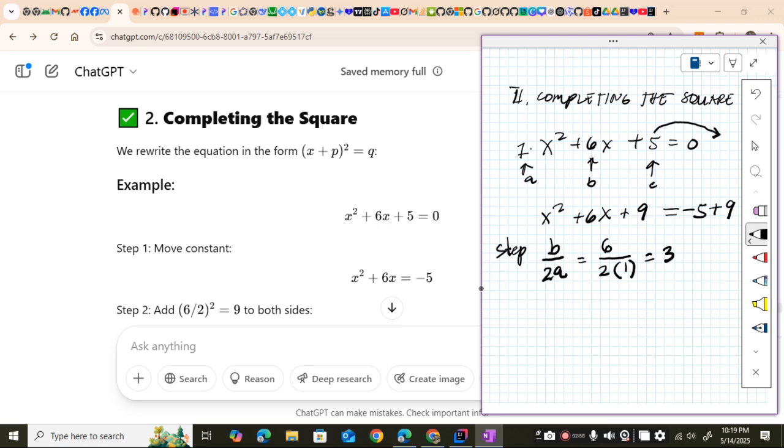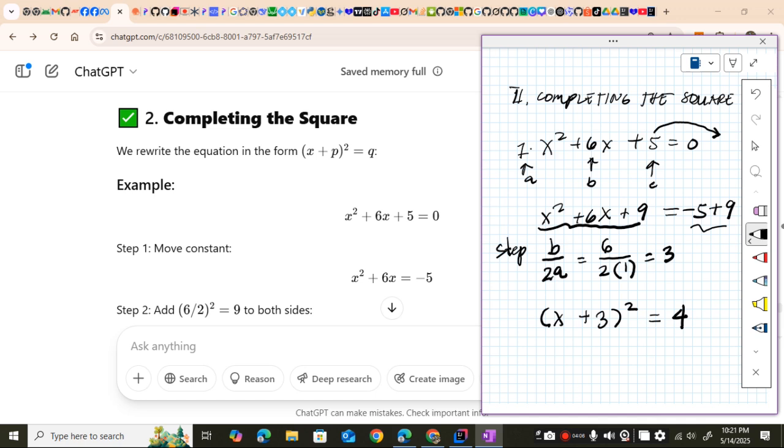Okay, now the reason for that is this term now becomes a perfect square. Can you see it? Well, let's try to see. Again, we can express this one as x plus 3 squared equals, well, this becomes minus 5 plus 9, which is essentially 4.